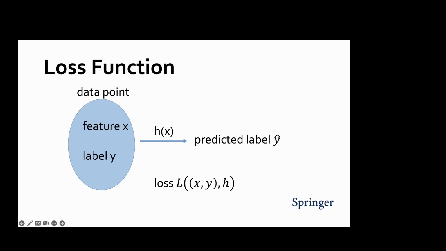The value of the loss function is a measure for how well the hypothesis predicts the label. This concept of a loss function might seem quite abstract at first. Let us build some intuition for how to use loss functions by considering some specific examples.